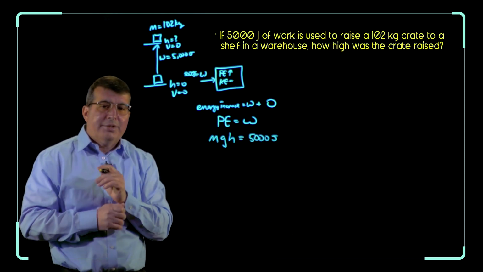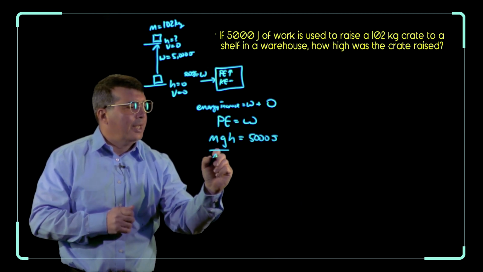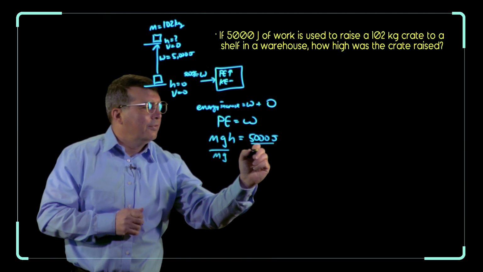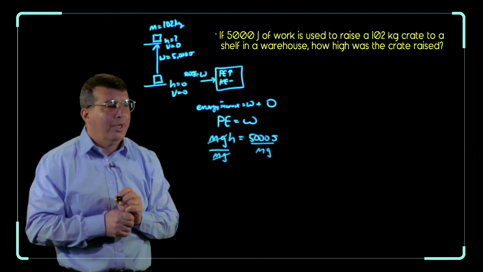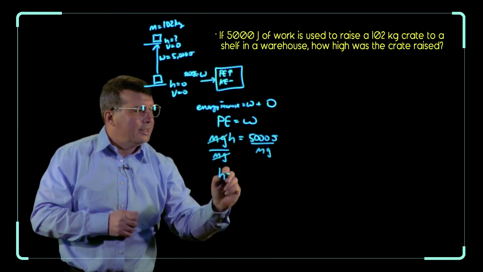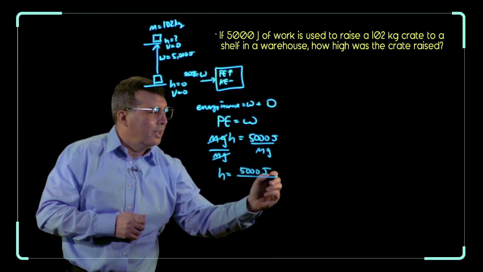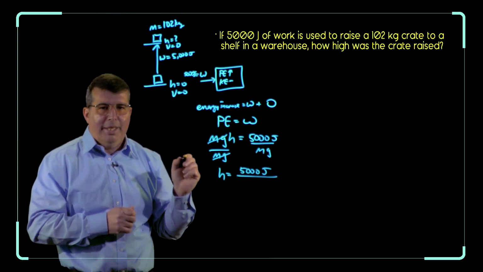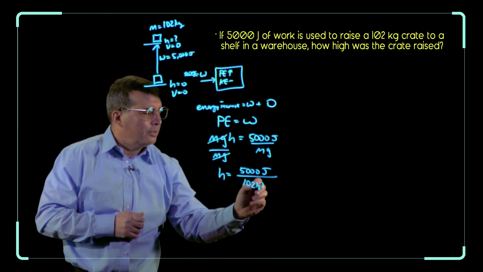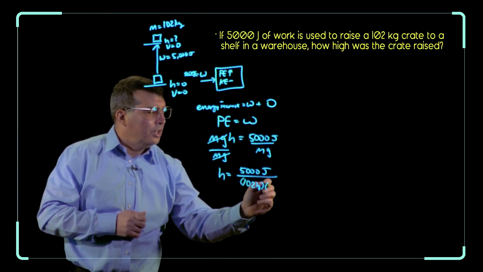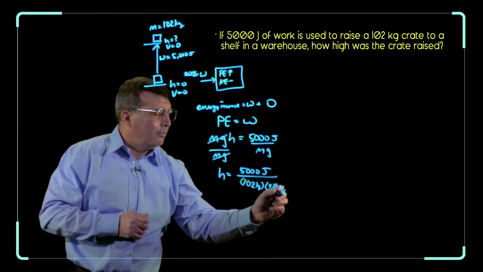Height is what I'm looking for, so to get height by itself, I'm going to divide by mg, which cancels out mass times g right there. So height is equal to 5,000 joules divided by a mass of 102 kilograms times a g of 9.81 newtons per kilogram.